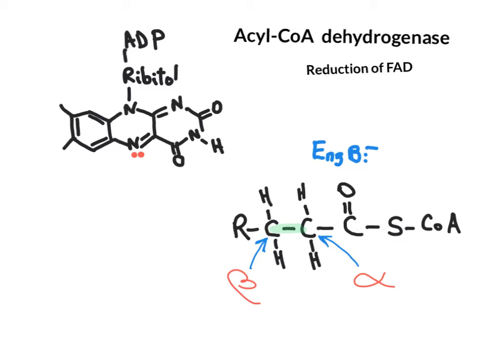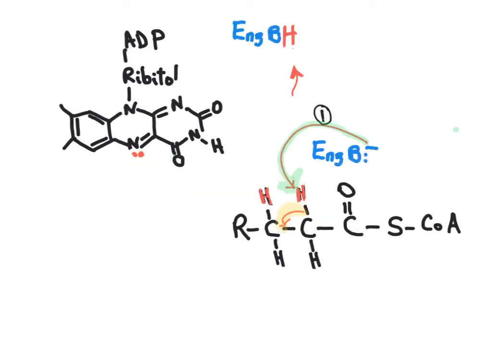In order for FAD to be reduced to FADH2, an amino acid from the enzyme removes a proton at an alpha carbon and transfers a hydride ion equivalent from a beta carbon to FAD.